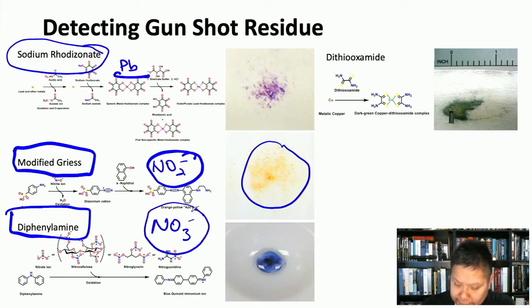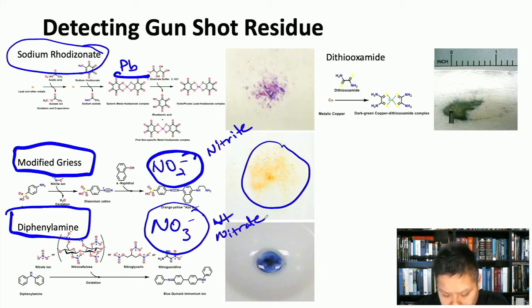Just to be clear, NO2 minus is nitrite, NO3 minus is nitrate. That's unburned gunpowder. So diphenylamine, when it comes in contact with nitrate ions from unburned gunpowder, it actually turns blue.